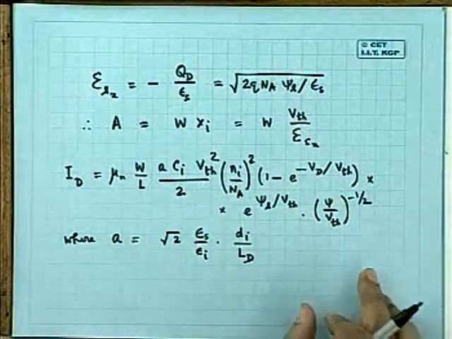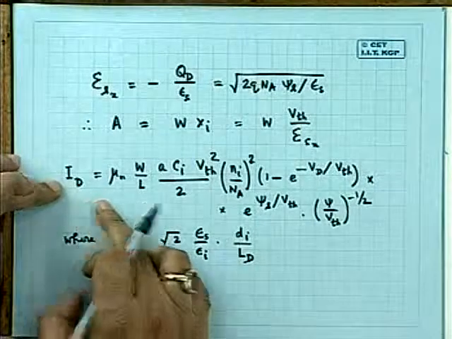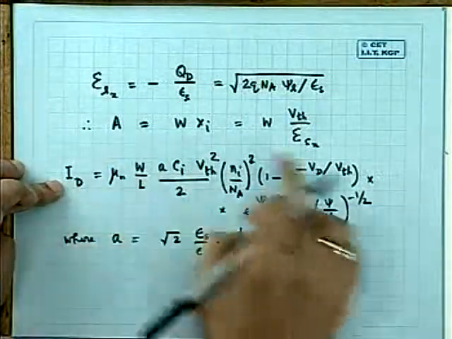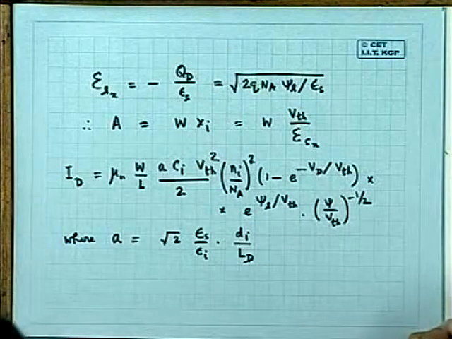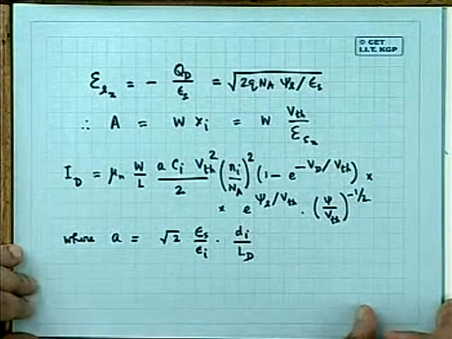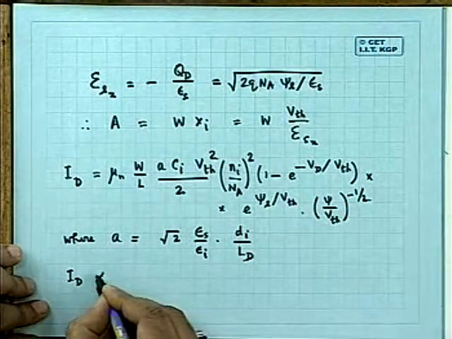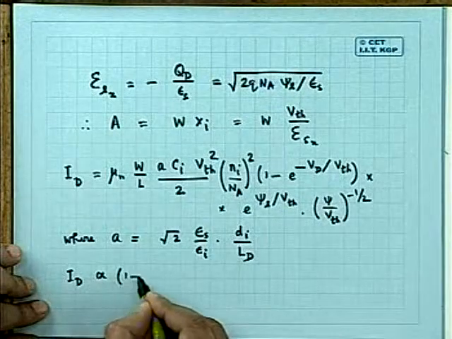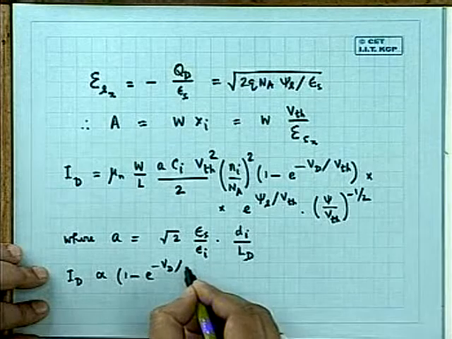After mathematical manipulations, rearranging terms, etc., you get ultimately ID in this form. And from here you know that ID is, in this case, proportional to 1 minus, so far as VD dependence is concerned, it is like this.